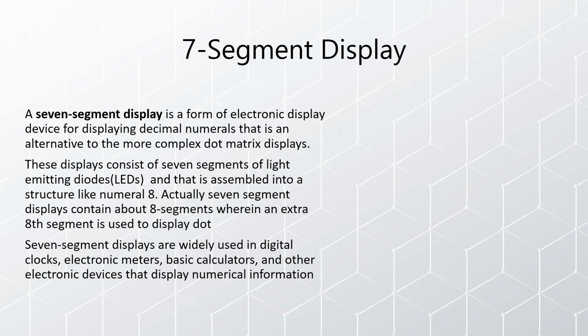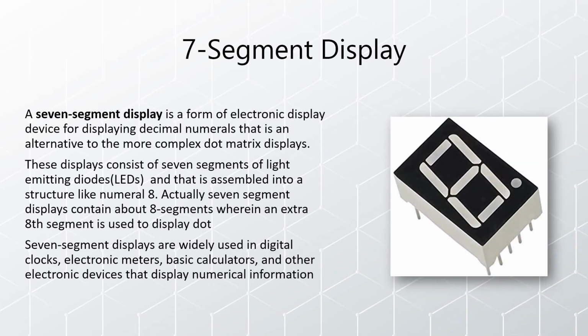Actually, this 7-segment display has 8 segments, where the other segment is the dot. The 7-segment display is widely used in digital clocks, electronic meters, basic calculators, and other electronic devices. As you can see in the image, you would have come across it a lot of times in a lot of places.